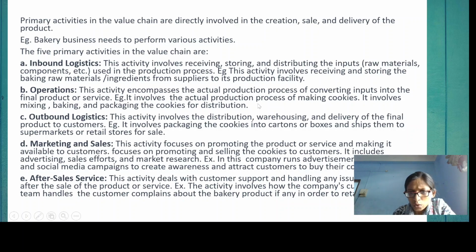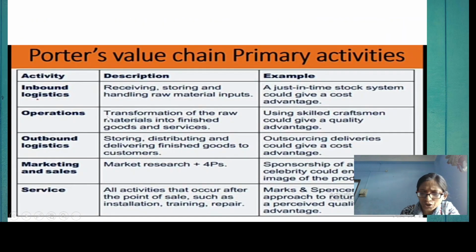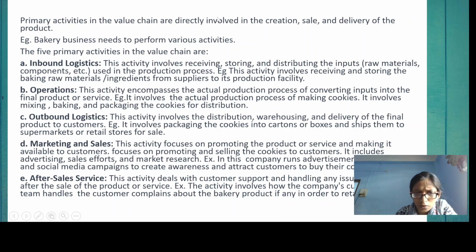So what they are doing is packing it into cartons or boxes and shipping them to the supermarket or retail shops or maybe local small shops.